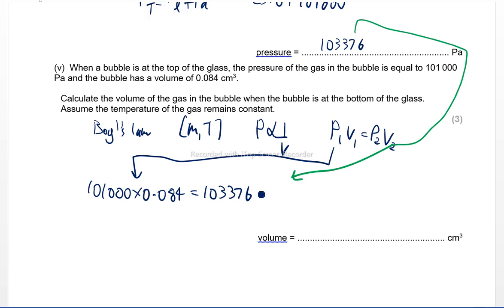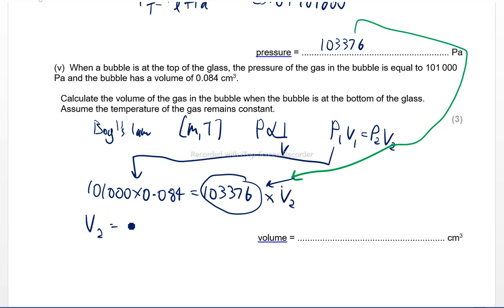So multiplied by, right, I've already written that expression here. So can you see that I've written the 103376, right? Then multiplied by the volume V2. V2 is unknown.